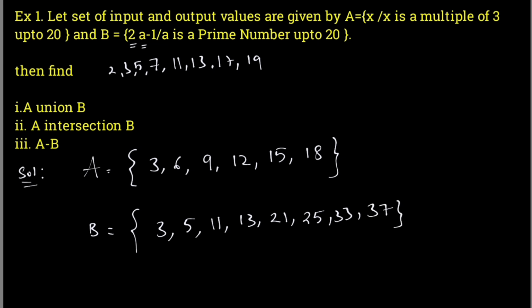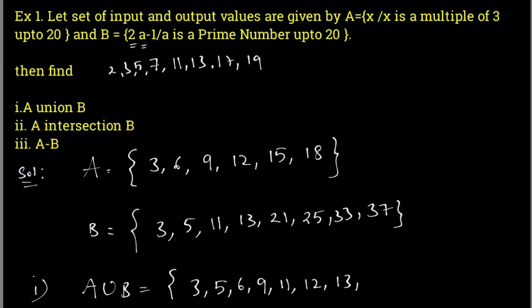So first of all, question 1, I am supposed to find A union B. A union B in the sense, I can write down 3, 5, 6, 9, 11, 12, 13, 15, 18, 21, 25, 33, and 37.